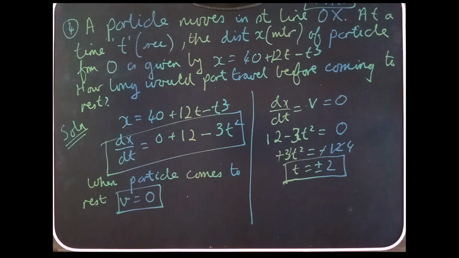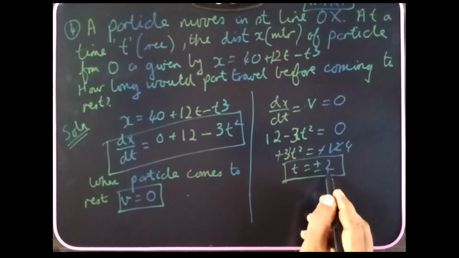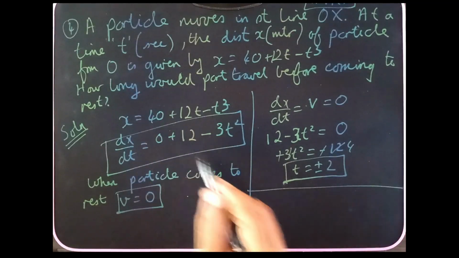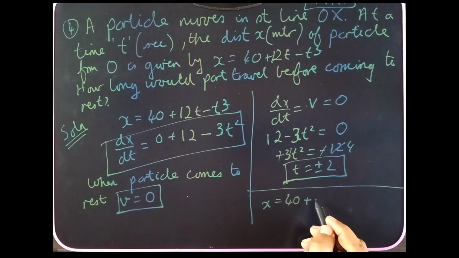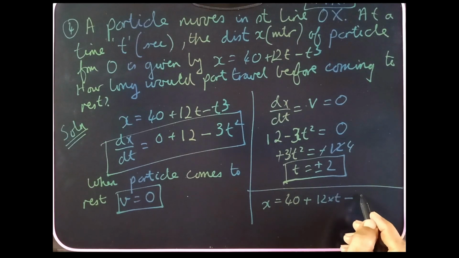So now you want to find out how long it would travel. At plus or minus 2, you need to find out how far it will travel. So you put it back in the equation. Distance is equal to 40, we'll take the positive value first, plus 12 into 2 minus t cube.